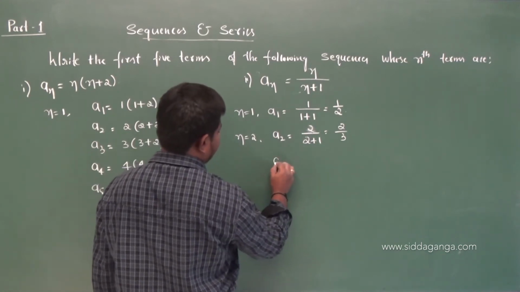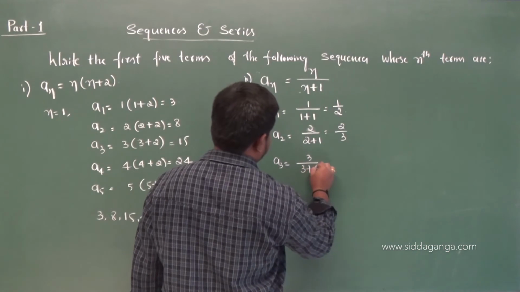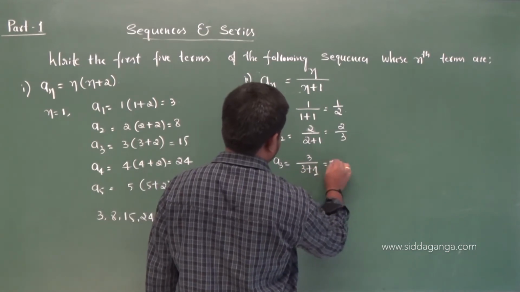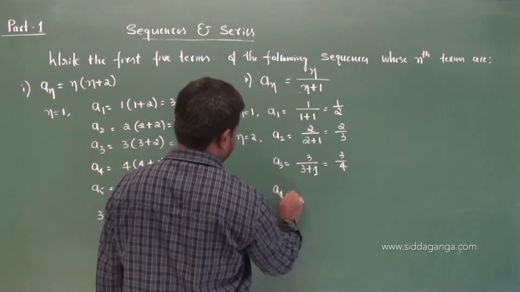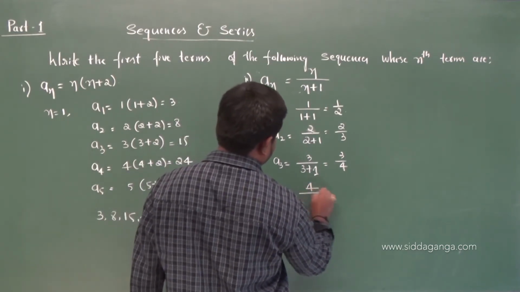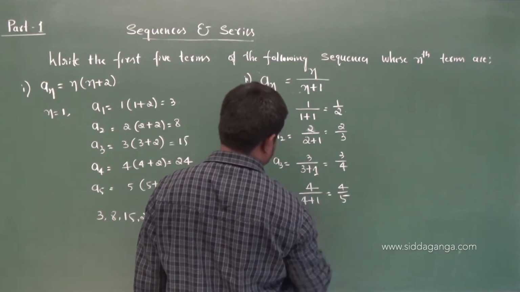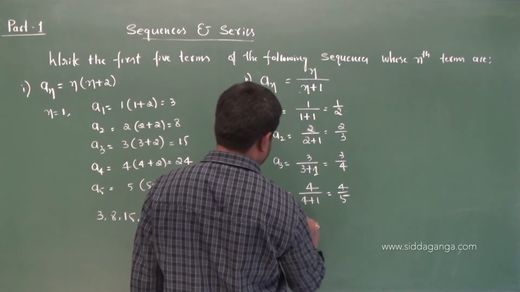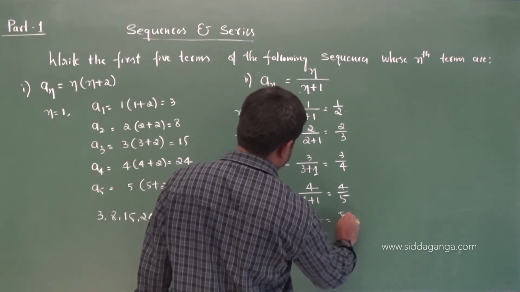When n is 3, a3 you will get 3 by 3 plus 1, you get 3 by 4. And when n is 4, you get 4 by 4 plus 1 is equal to 4 by 5. And when n is 5, you get 5 by 5 plus 1, that is 5 by 6.